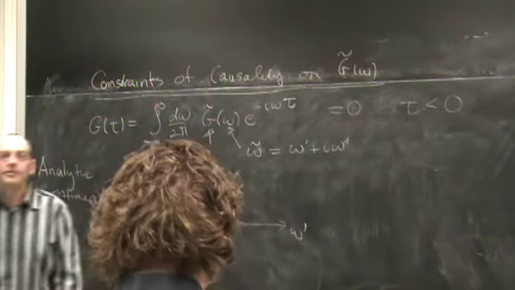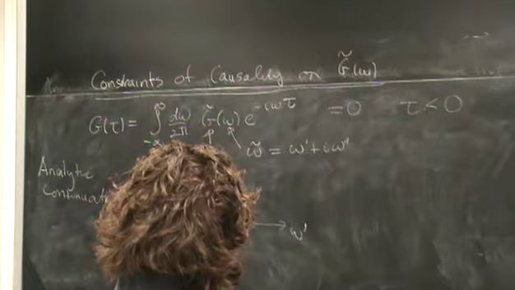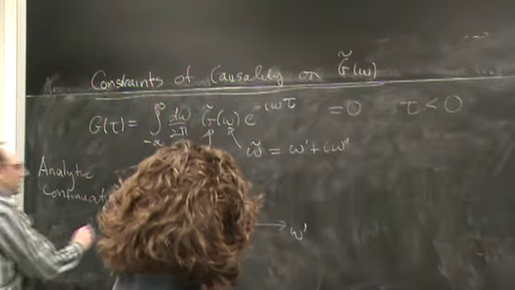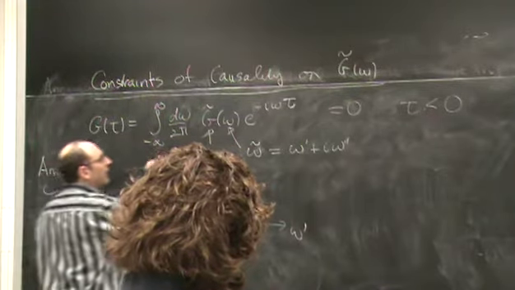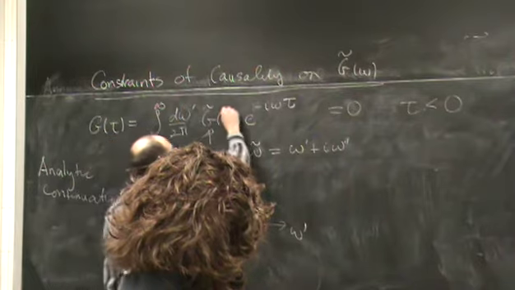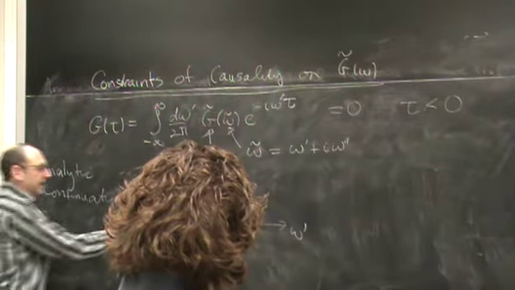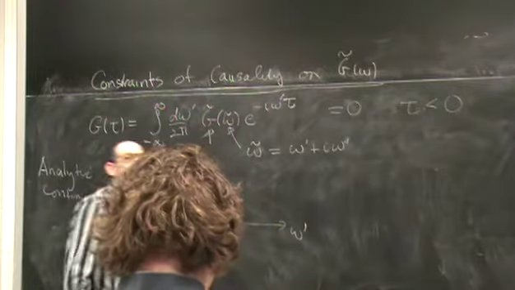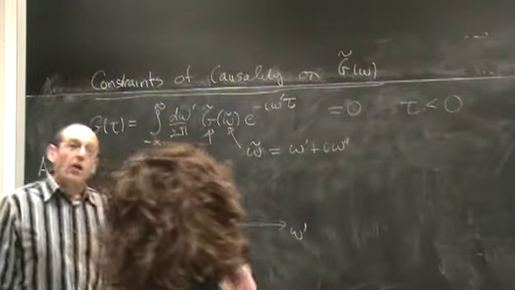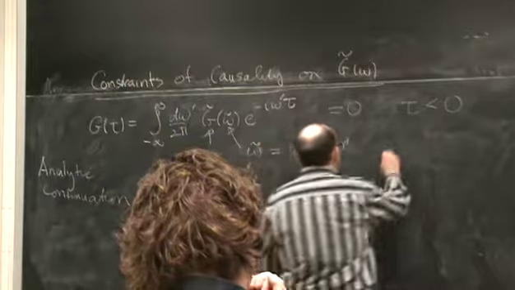Here's the complex omega plane. We're doing the integral over the real axis, from minus infinity to infinity.